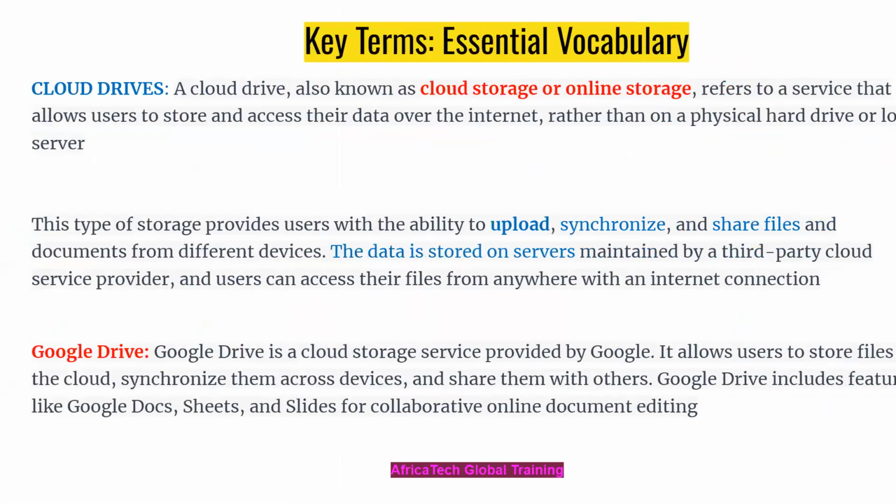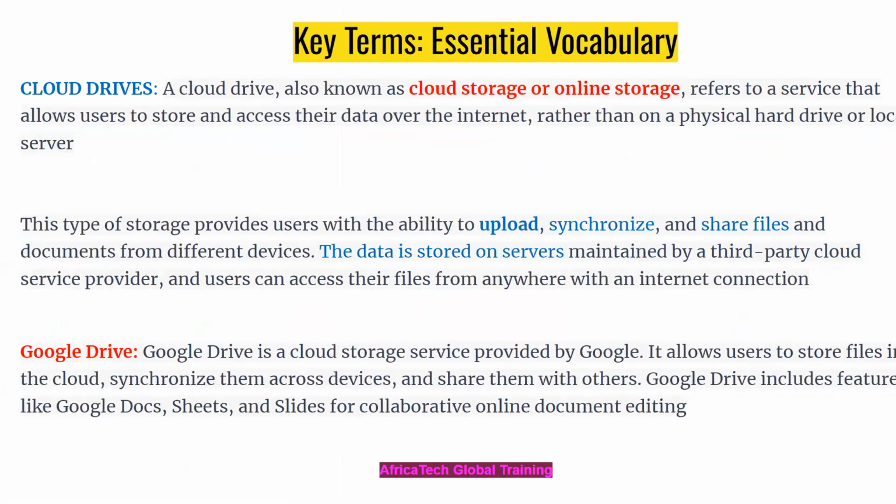So we studied the cloud drives, Google Drive. At the end I did an example of how you can use Google Drive, Google Docs, Excel, PowerPoint. It is very powerful, and you can retrieve your information. I'm using this computer, I have all my stuff, but do I have to carry my computer if I'm traveling?